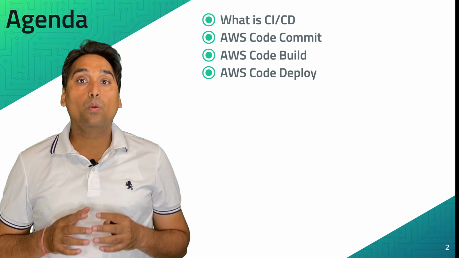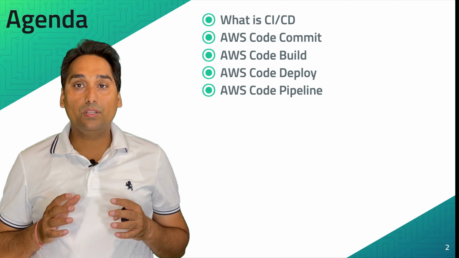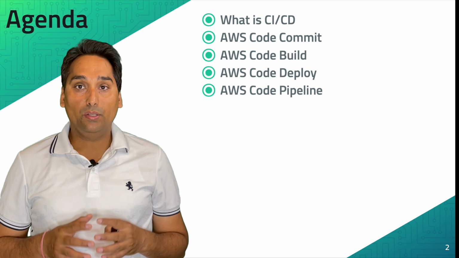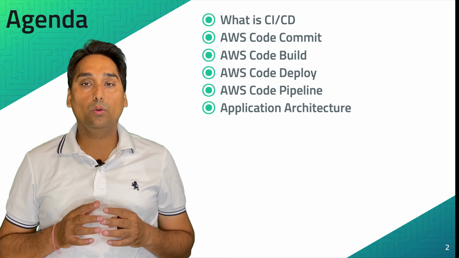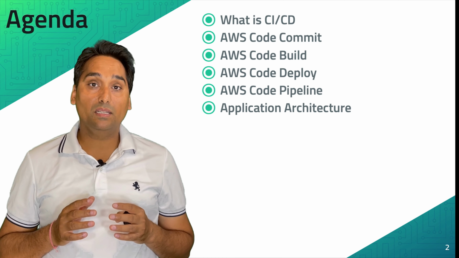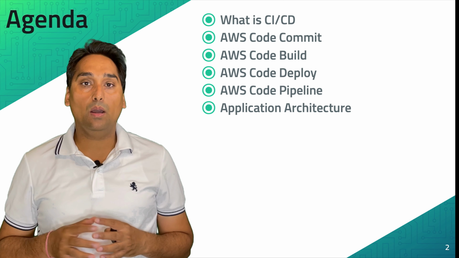In next section, we are going to talk about AWS Code Pipeline service and how it is going to help us in continuous delivery. In next section, we are going to take a look at the application deployment architecture and how application will be delivered in the cloud.